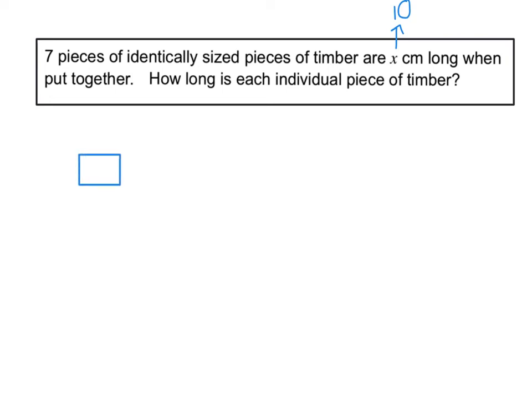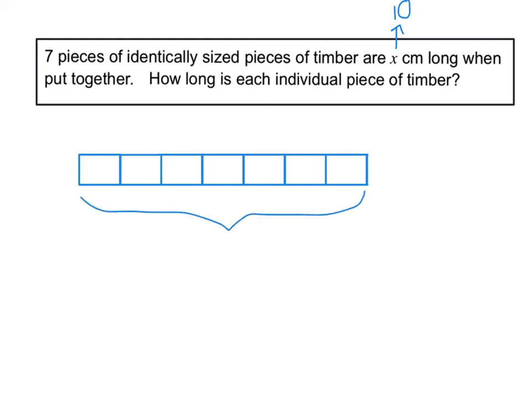So there's one of them. There's 2. 3, 4, and 5, 6, 7. So there's my 7 pieces of timber. Now when they're put together, in my number example, they're 10 centimetres long.